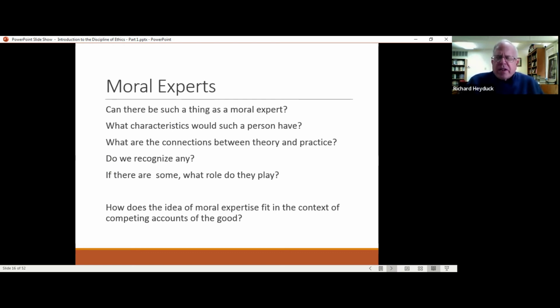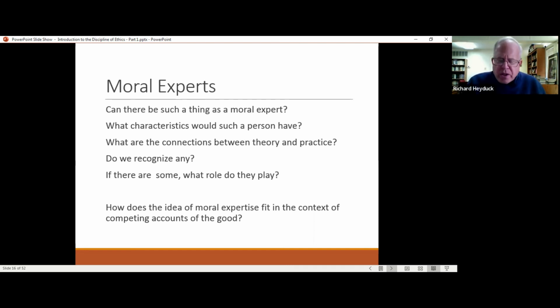What characteristics would such a person have? Would their expertise be primarily in the practice of morality or in the understanding or articulating of theories of morality? To what degree would we look to moral expertise as built on knowledge and understanding, qualities we would find in scholars and academics? To what degree would we look to moral expertise as built on practice, on actually being moral? How do we weight the two?